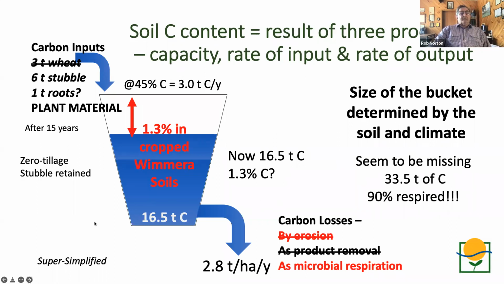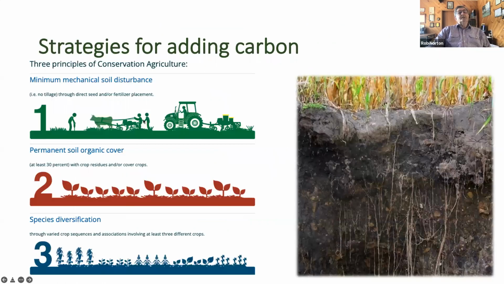And that system there is actually virtually the strategy that we have about adding carbon, full stop. That experiment was continuous cropped, zero till. It had permanent cover, that is, the stubble's crop residues weren't removed. It didn't have a cover crop, but it had crop residues left there.